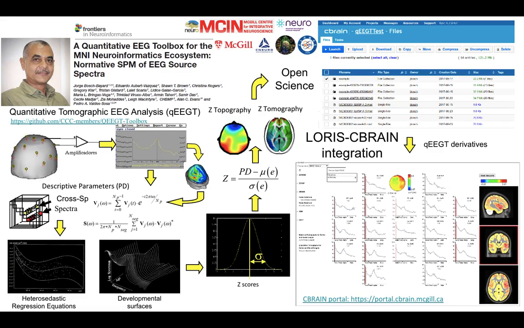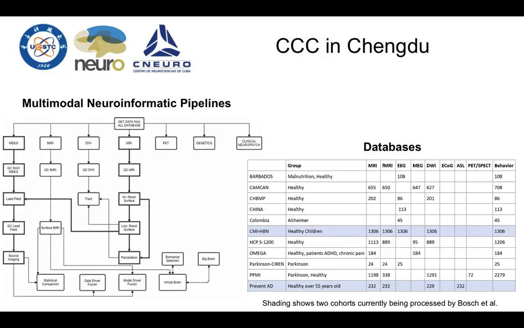Jorge Bosch-Bayard is a longtime colleague of Pedro's and also now working in my lab, and he wrote the book on quantitative EEG analysis. All of the tools that Bosch has developed with his colleagues on quantitative EEG analysis have been integrated into the CBRAIN environment for analysis of data resident in the LORIS environment. And you can see here some informatics pipelines and some of the databases which can be processed.